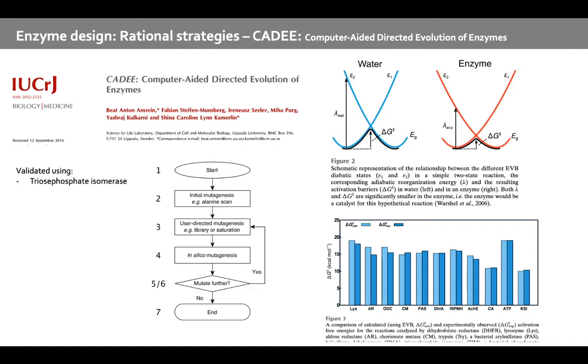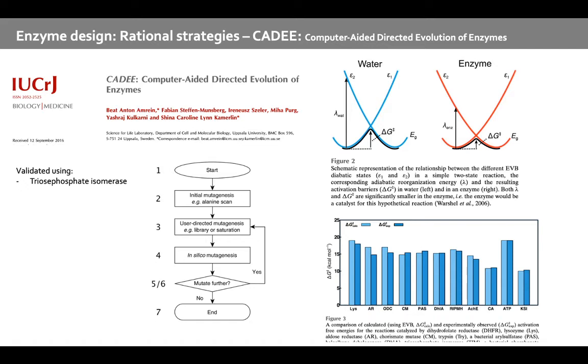So they say, okay, I want to mutate those positions, and in those positions, all possible amino acids are tried, and with EBB you compute the barrier, and you see how this barrier is affected, whether it has been reduced or not. You do this several times until you get, let's say, a variant that has a smaller activation barrier.